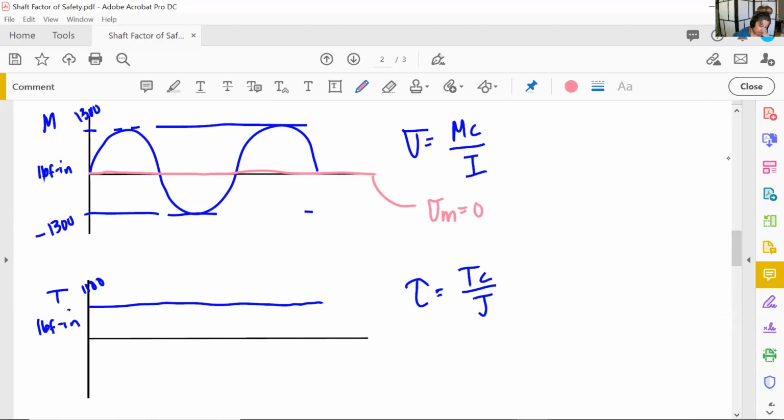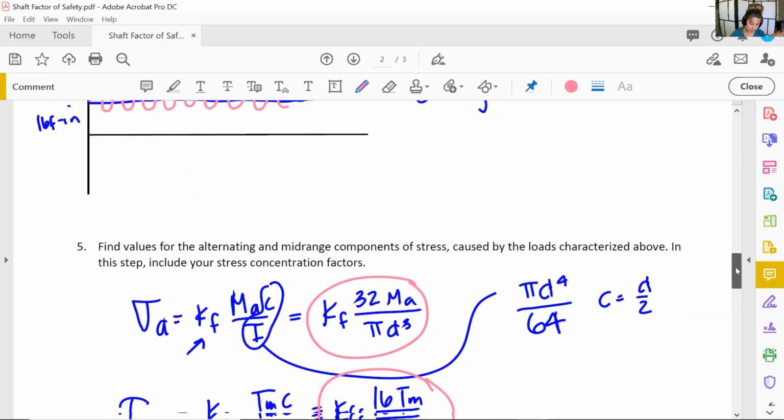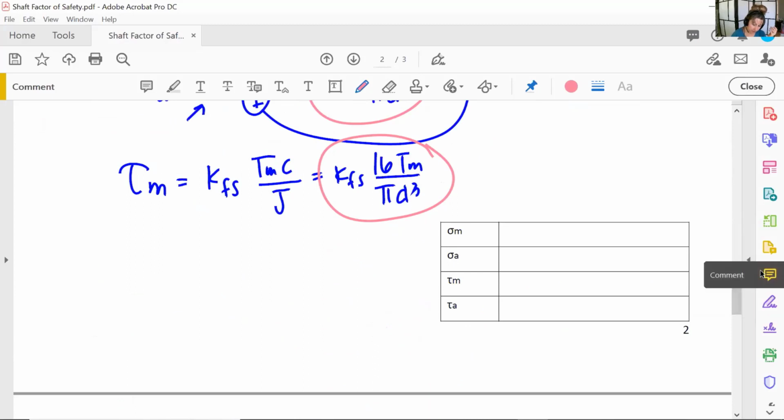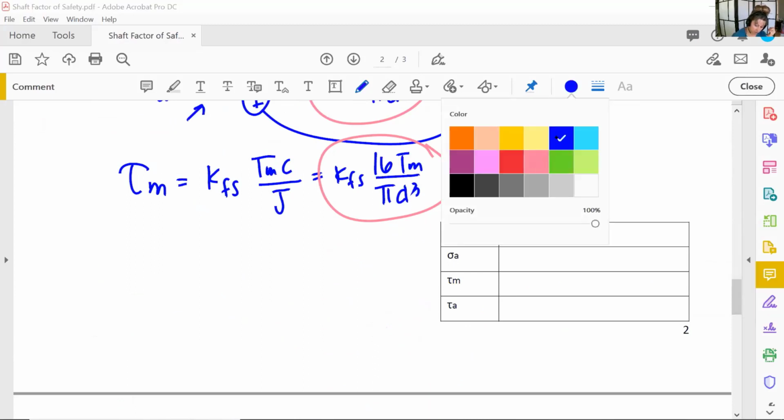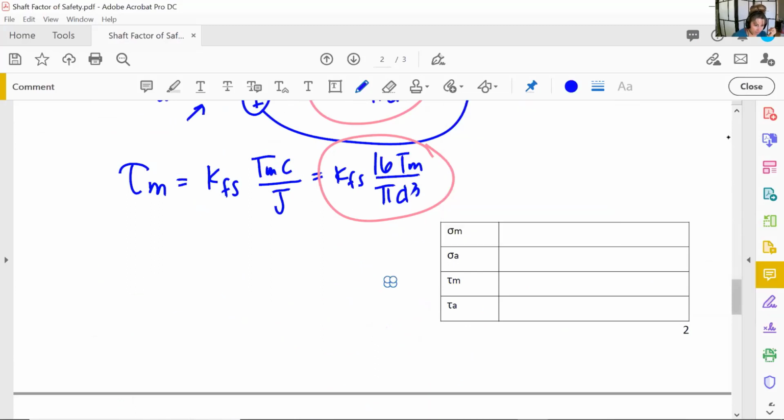And then we don't have any alternating torque. So it's not that we're just forgetting about those values, it's that they are truly 0. Okay, so reporting values, you get sigma M, if you're doing this problem along with me, 0, we just said that, tau A, 0, 14,802 PSI, and 5,403 PSI.